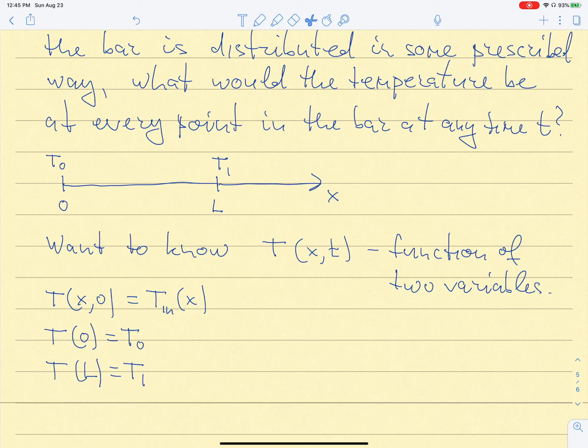Okay, so one thing which probably is going to make sense relatively easily: if the temperature distribution in the bar is linear, then experience says that if the temperature is gradually rising between the point 0 and the point 1 in a linear way, then you would expect that the temperature is not going to change.